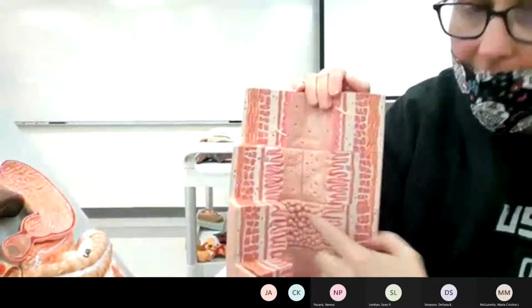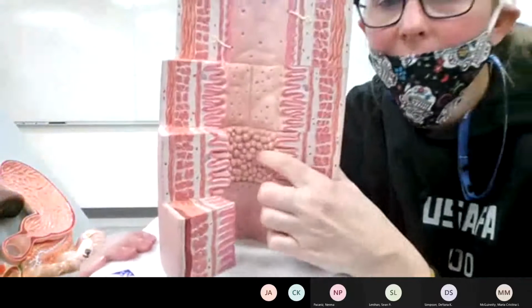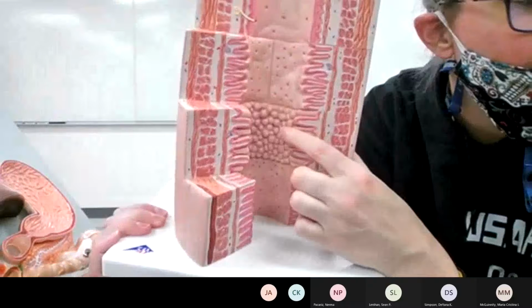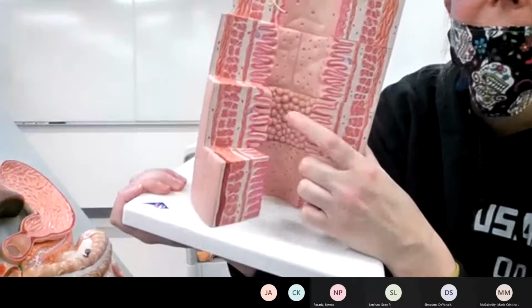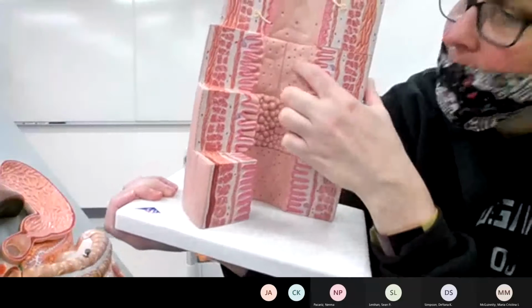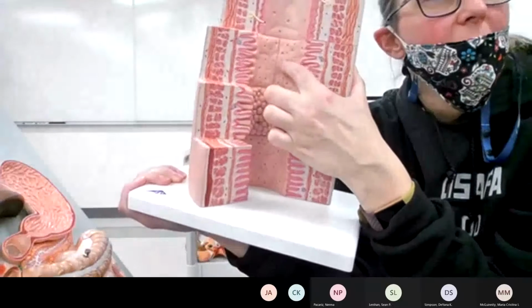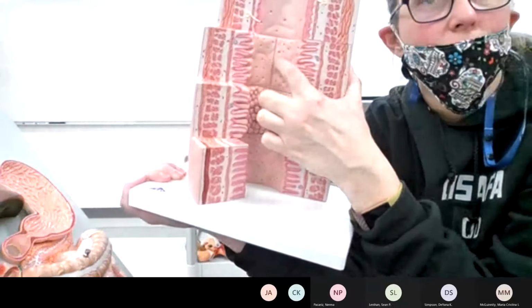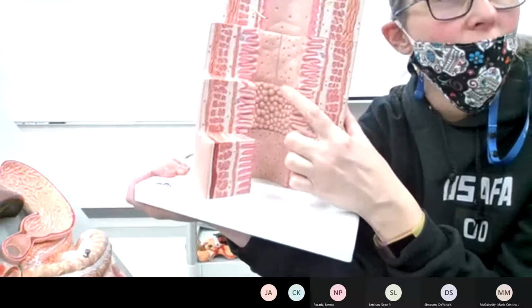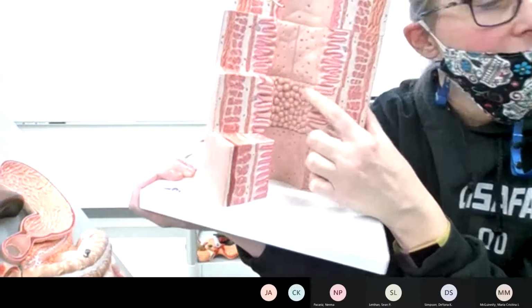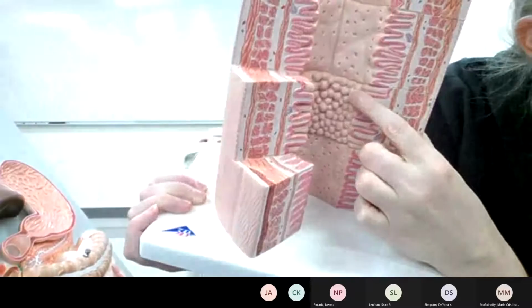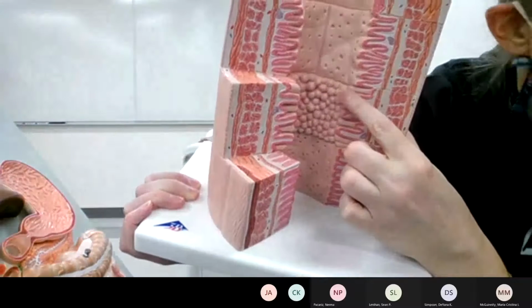Now, inside the small intestines, there is going to be what's known as these permanent hills and valleys. So the hills and valleys and the folds in the stomach are stretchable. That's why they're known as rugae. In here, they are not stretchable. They are known as your plicae circulares.